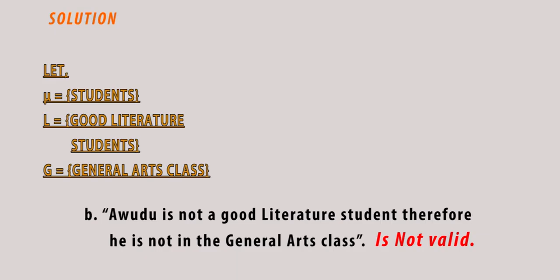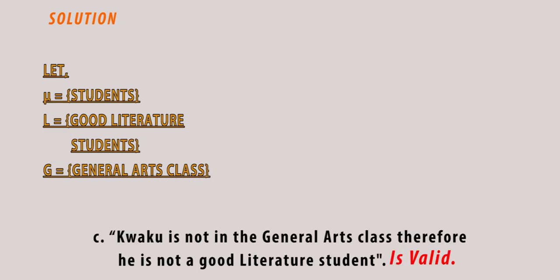Audu is not a good literature student, therefore he is not in the general arts class. This statement is not valid. C. Kweku is not in a general arts class, therefore he is not a good literature student. This statement is valid.